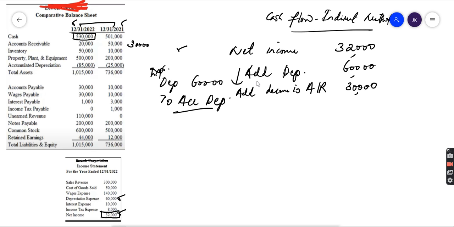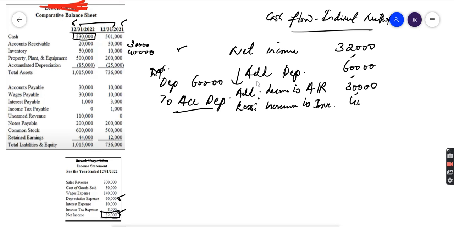Then we will go to the inventory. Inventory has increased by 40,000. Okay, inventory is a current asset. It has increased, so we'll have to deduct it. Okay, for the cash flow statement, our cash is blocked. So therefore, deduct the increase in inventory.